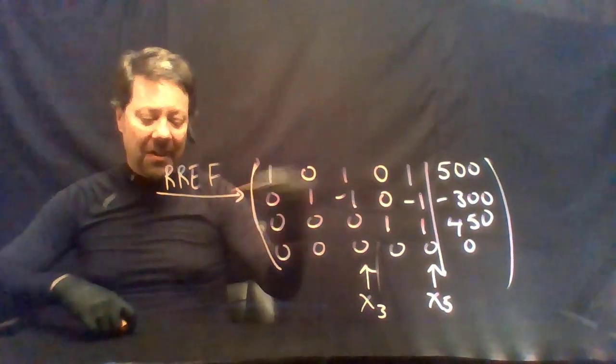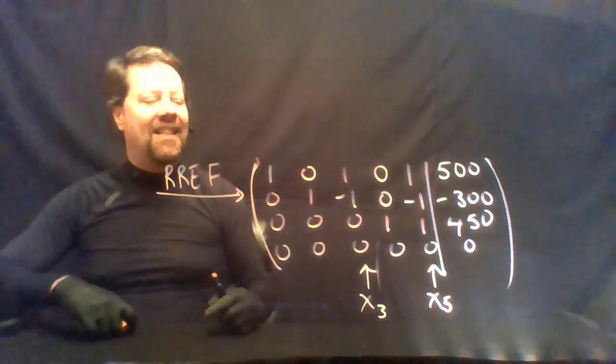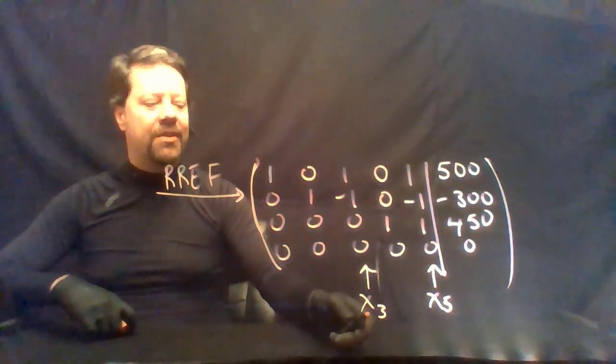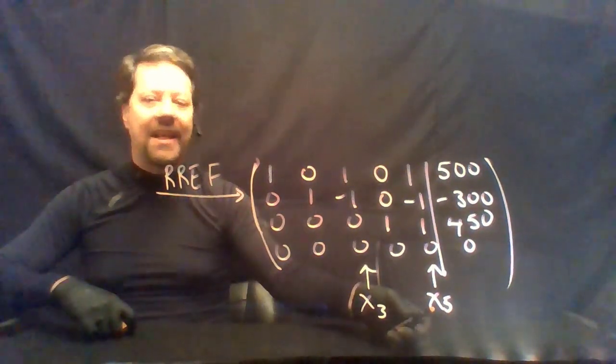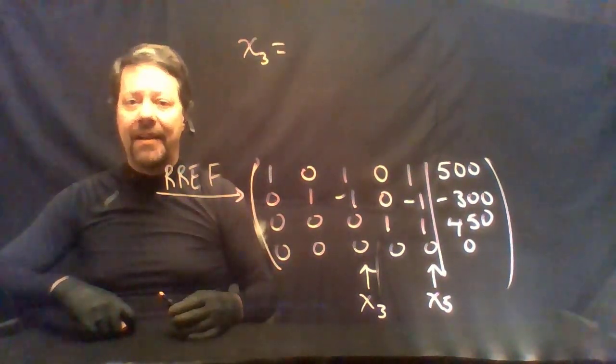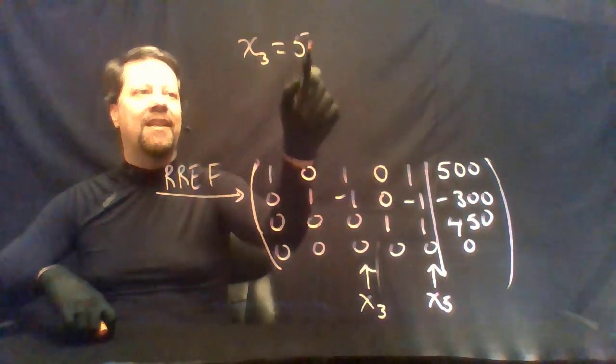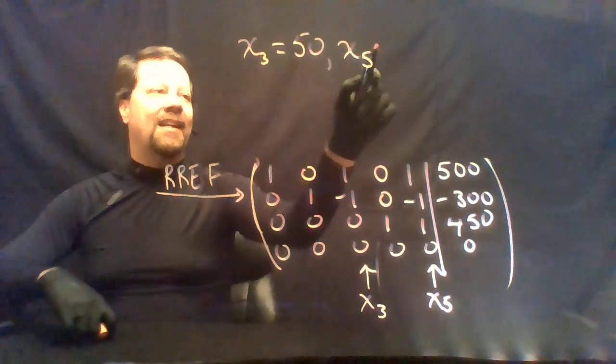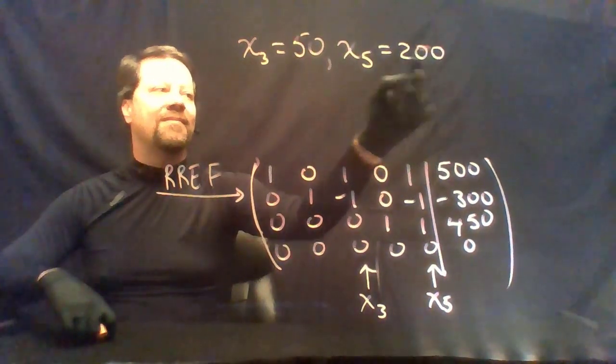Suppose we lay down those little rubber air hoses across the road and determine the traffic flow along the roads x3 and x5. And that we find x3 is 50 and x5 is 200.